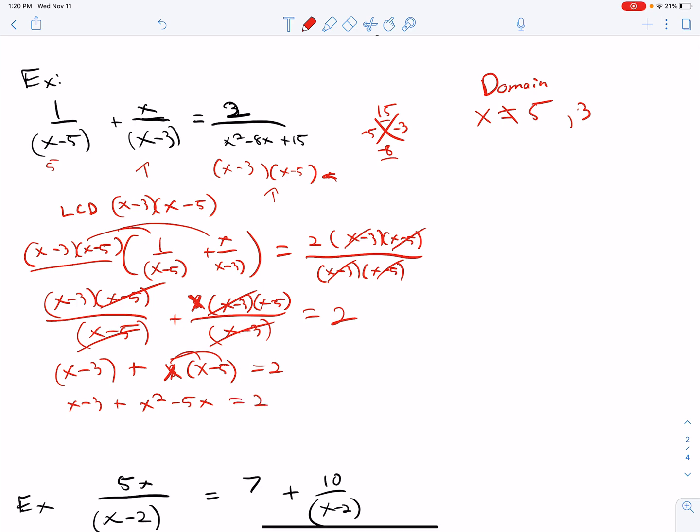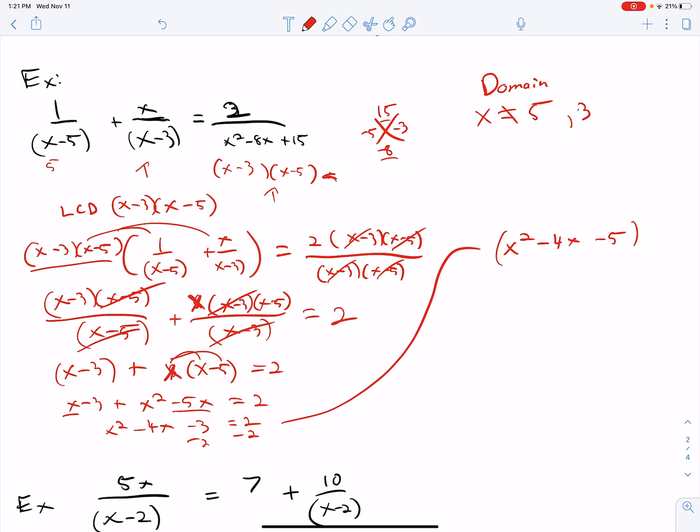So I'm going to rework this and combine like terms. So this is going to give me x squared minus 4x, right? Because we're going to combine negative 5x and x, minus 3 equals 2. I'm going to subtract 2 from both sides. So that's going to give me x squared minus 4x minus 5.